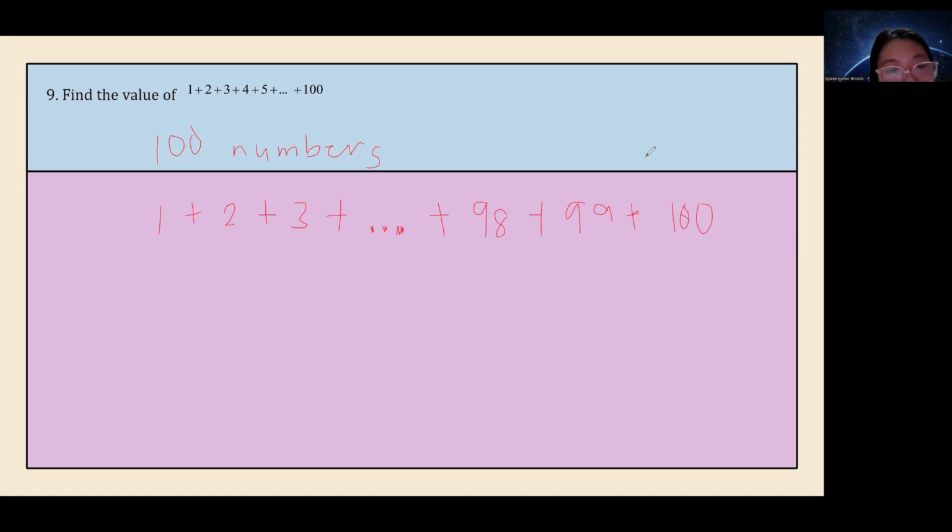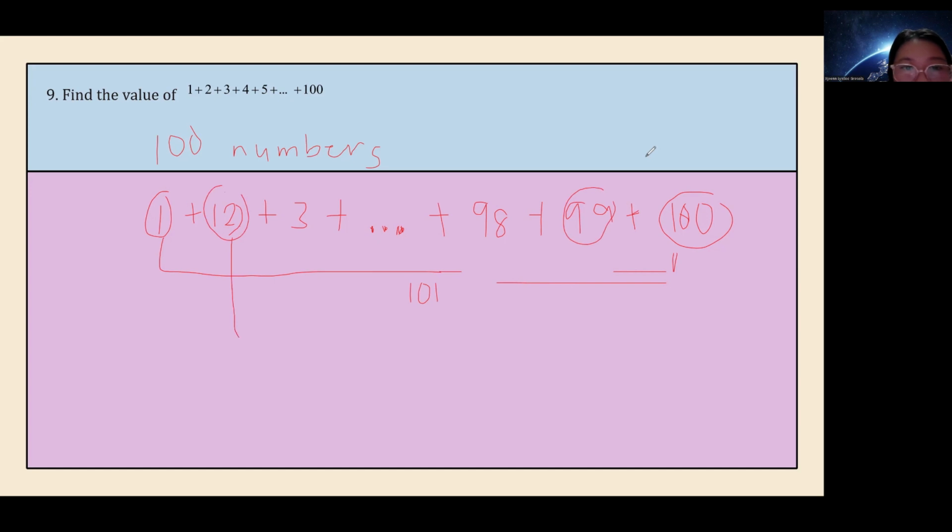Okay. Now, what if we add the first number to the last number? So that is 1 plus 100, so we can get 101. Now, continuing this, we add the second number to the second to the last number.